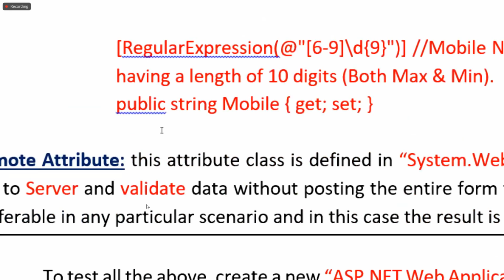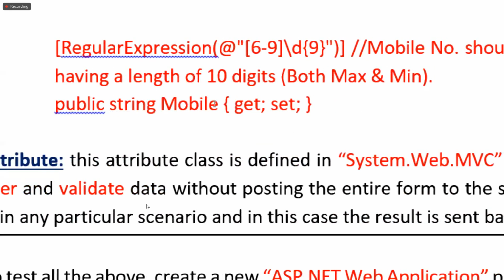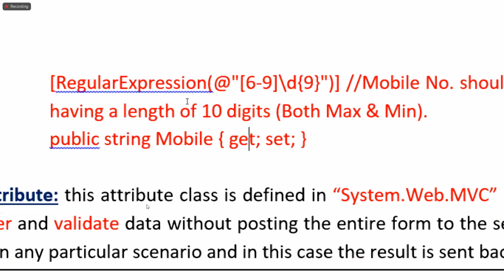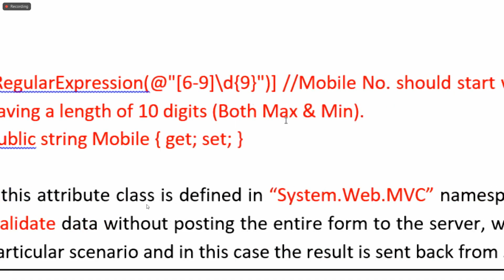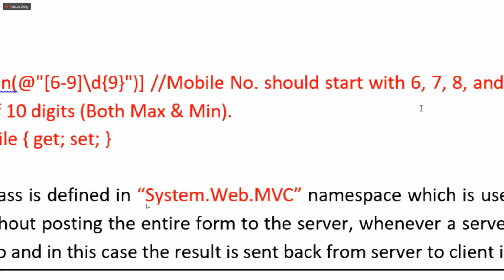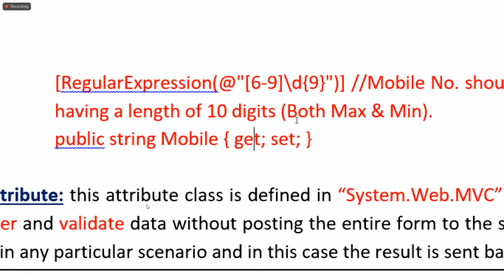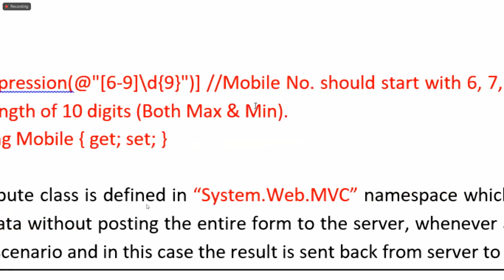I want a validation for the mobile number. What is this expression? The first digit should be 6, 7, 8, or 9. Afterwards, 9 digits. So total 10, 1 plus 9. A mobile number should start with 6, 7, 8, 9 only and have a length of 10 digits, both minimum and maximum, and this is my error message. Okay, this is my validation. You can put a comma and write your error message here also.